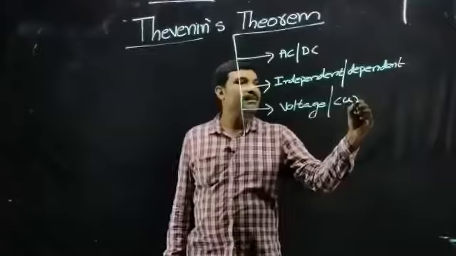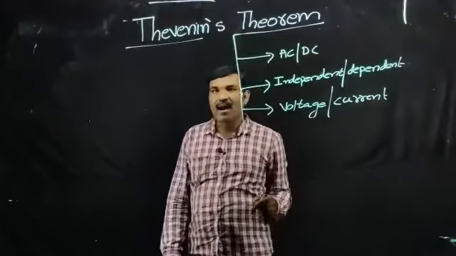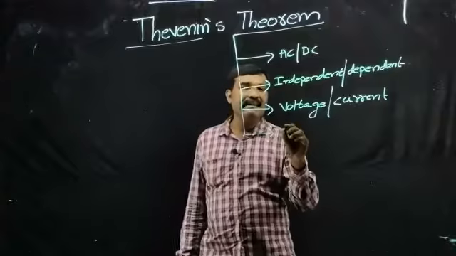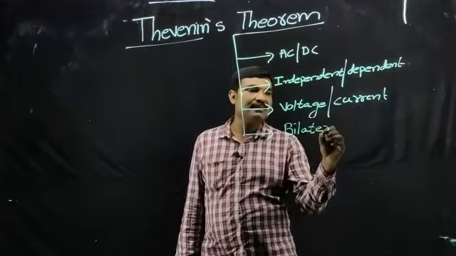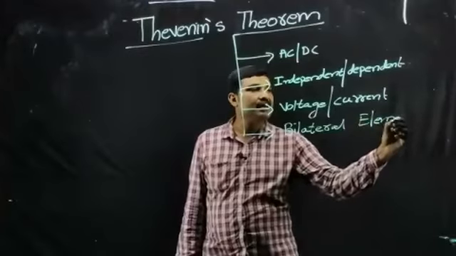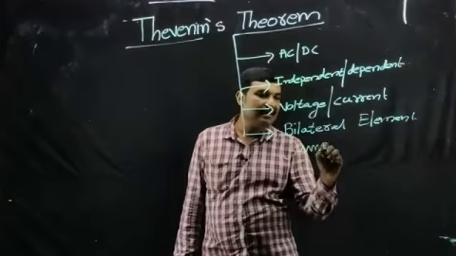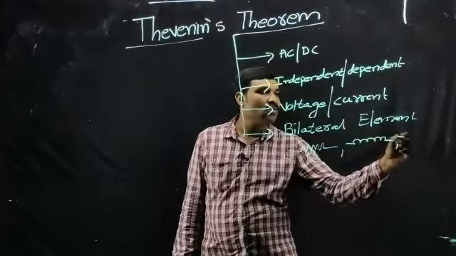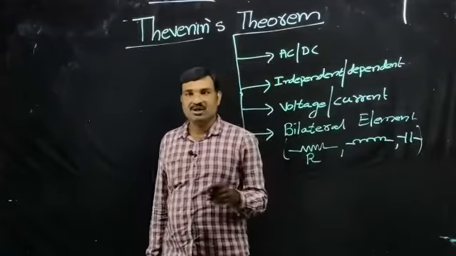Then what about our elements? The network consists of only bilateral elements, such as resistance, inductance, and capacitance. So it should contain only bilateral elements, resistance or inductance or capacitor, right? Then we can apply Thevenin's theorem.